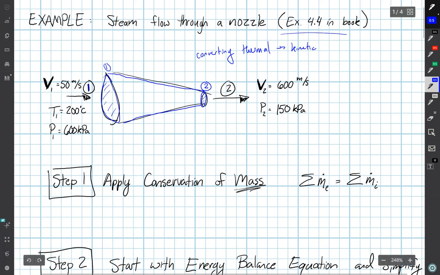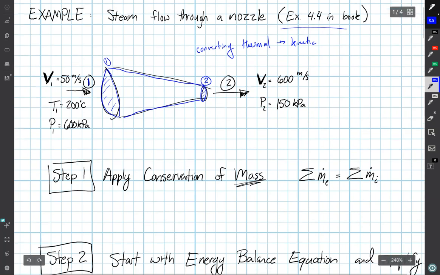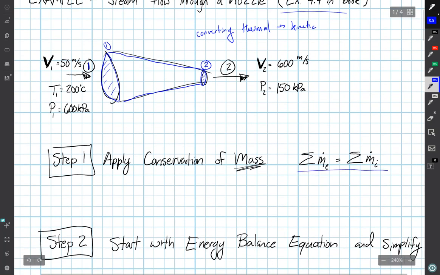So the first thing that we need to do is apply conservation of mass. Here is the general equation. In this specific case, we have mass exiting, m dot E. We're exiting at only one place, only here at control surface 2. And that must be equal to all of the stuff that's coming in.